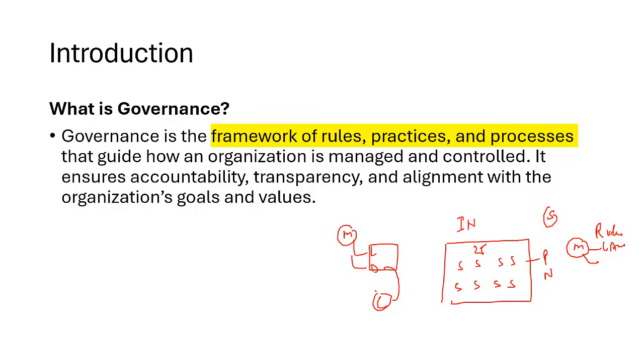They're creating a policy, which is like a law for you. They're creating a process on how to follow that policy, and by the end of the day they're trying to create discipline to give you a better life. Same like a company: in order to manage the company and its resources, they create rules, practices and processes that guide how the organization is managed and controlled.